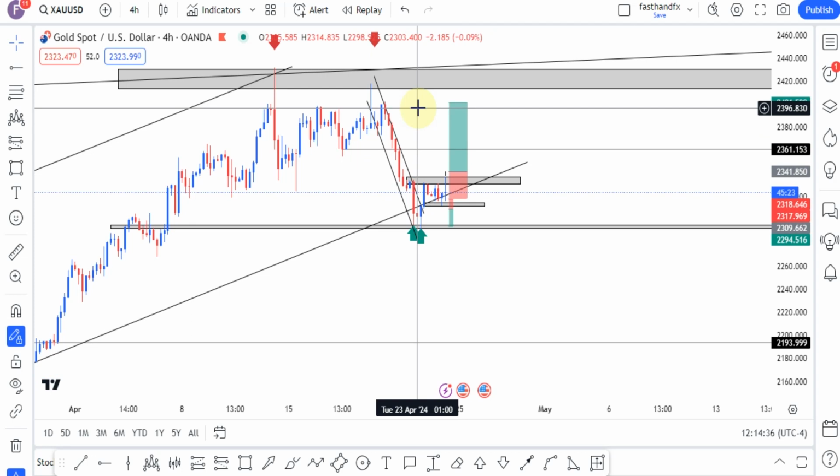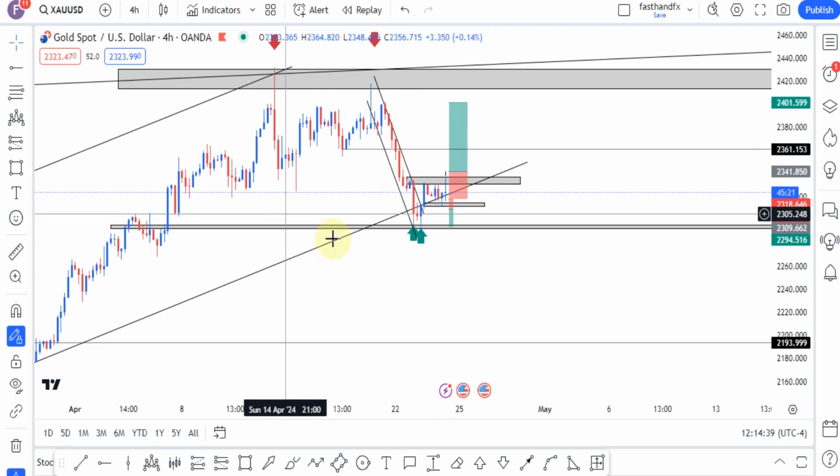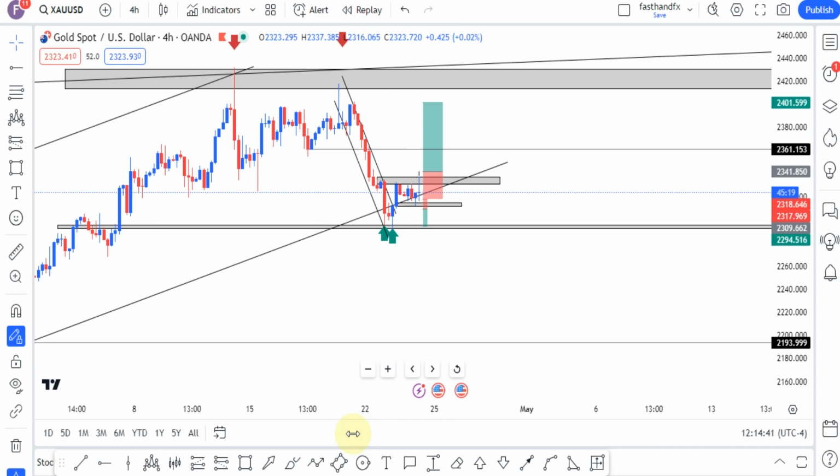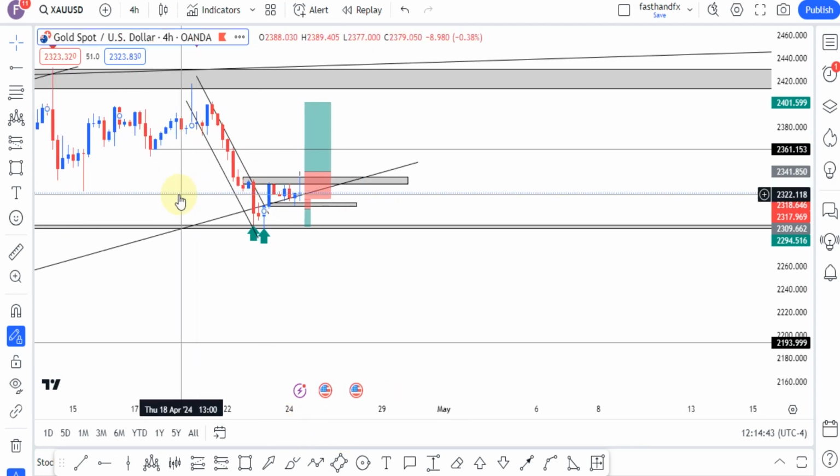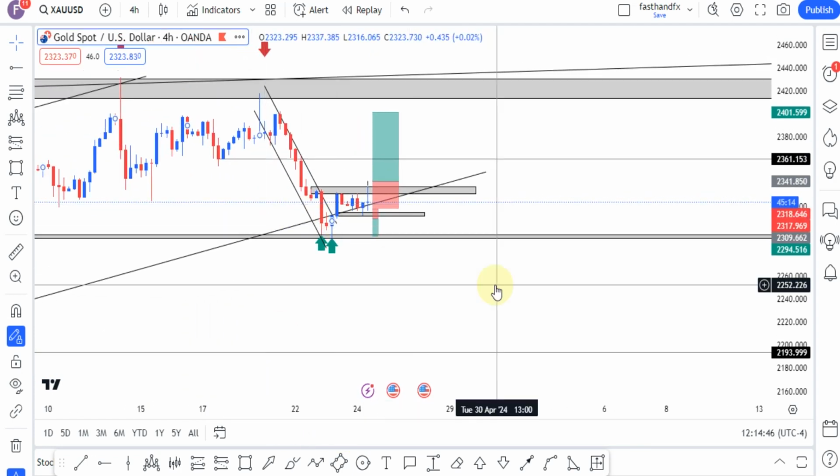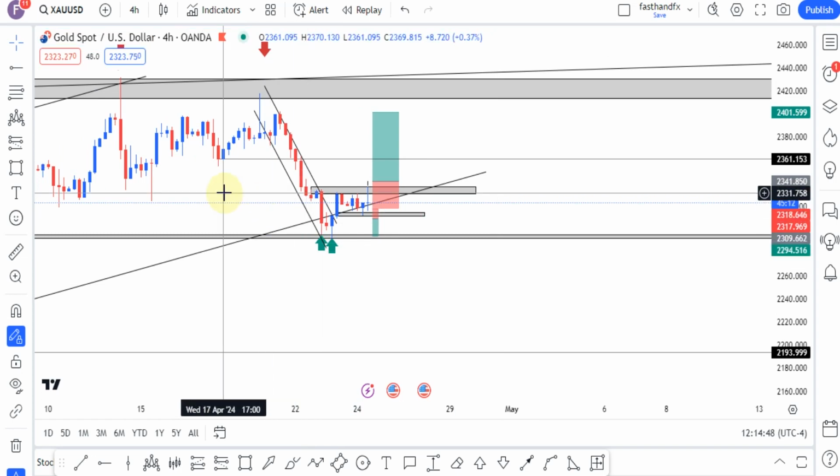No guys, you normally wait for confirmation, at least have 3 confluences maybe before going in the gold market, because you don't want to find yourself on the wrong side of the gold market.